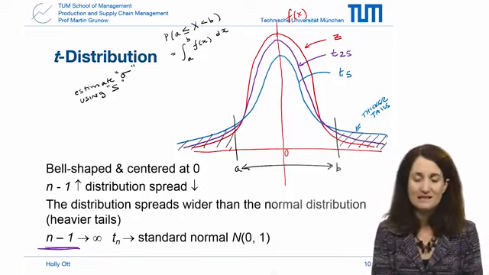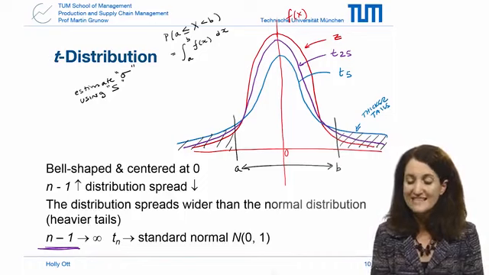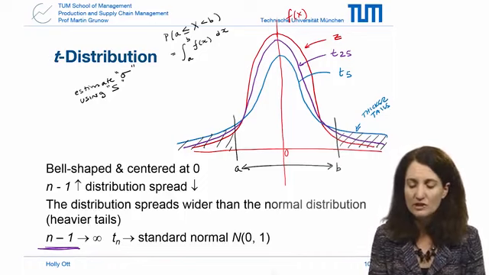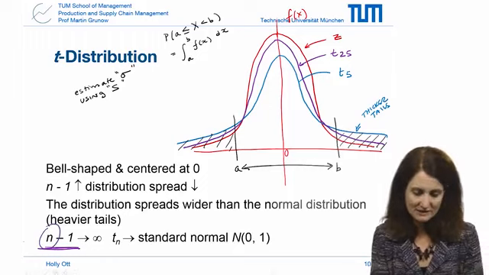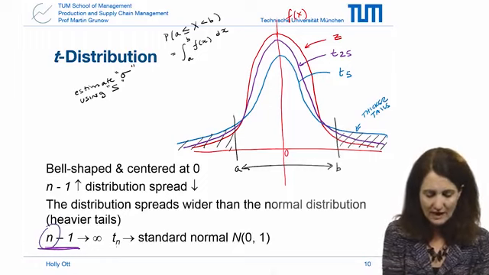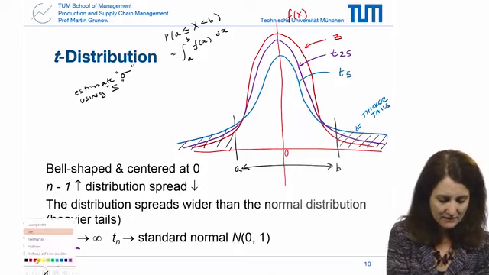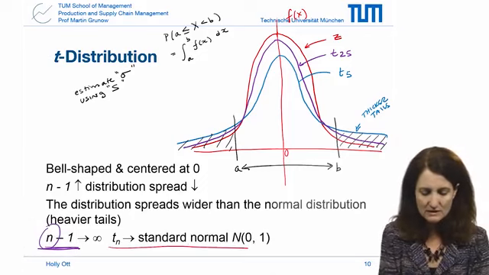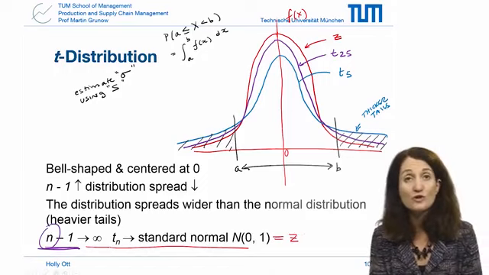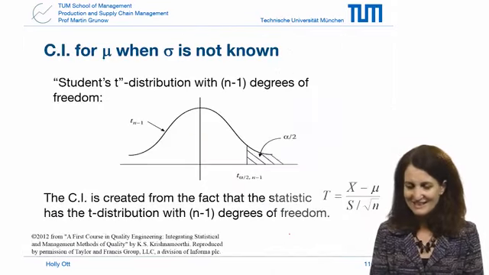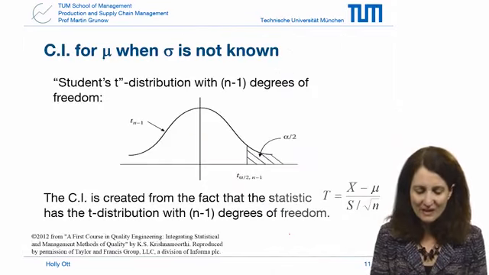You're gaining some precision with your distribution, of course, at the expense of doing more measurements. And so, as n gets bigger, you start to approach your z distribution. So let's look at this as another picture of it. How do we use this?